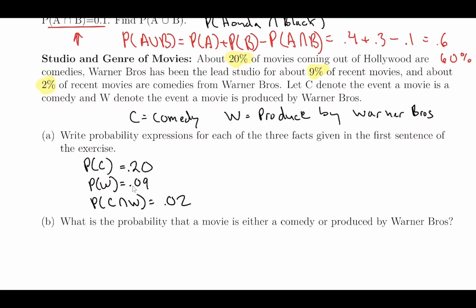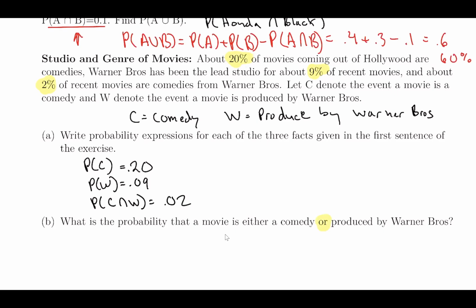All right, everybody good for A? All right, everybody's good for A. For part B, it says, what is the probability that a movie is either a comedy or produced by Warner Brothers? Right here there's a key word, "or".